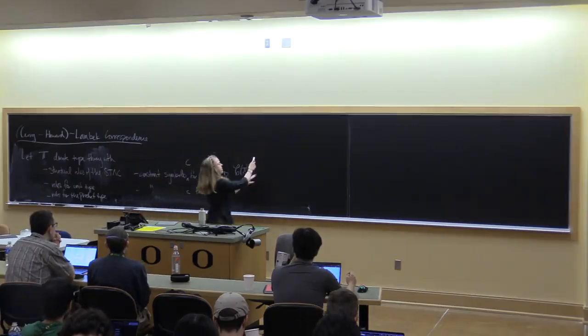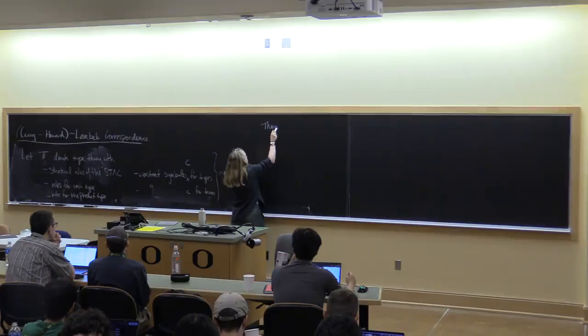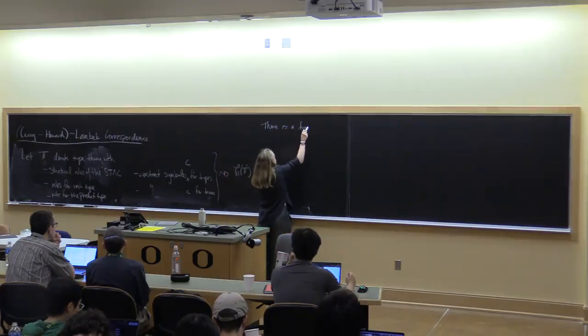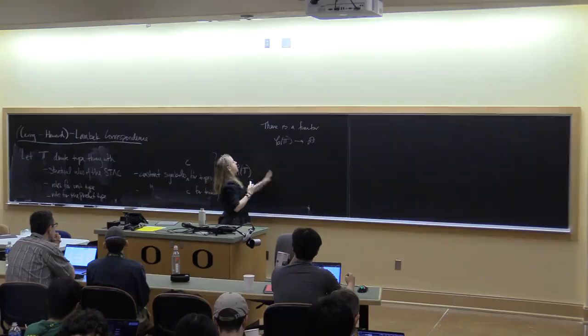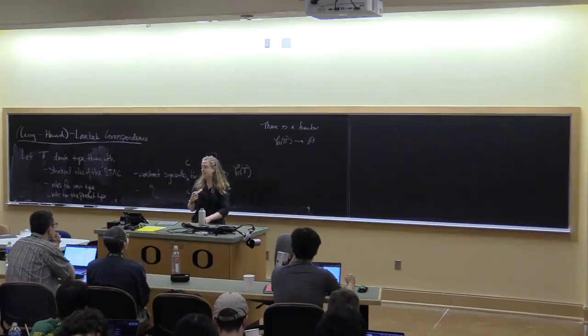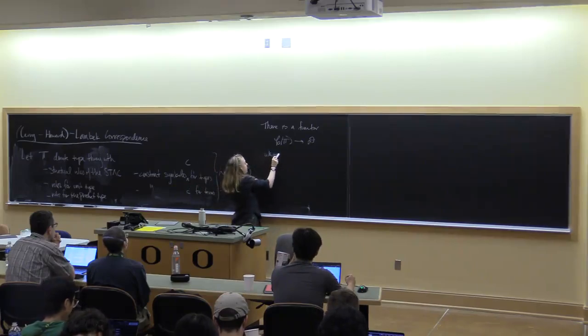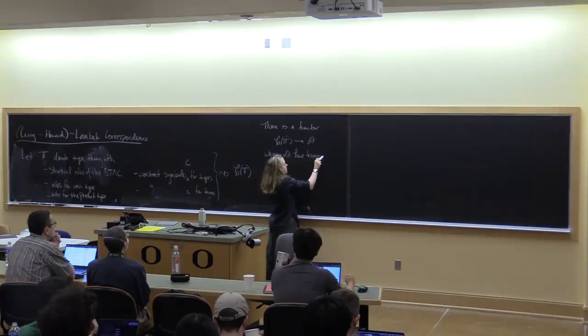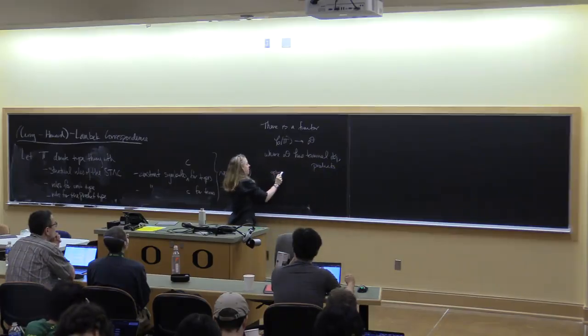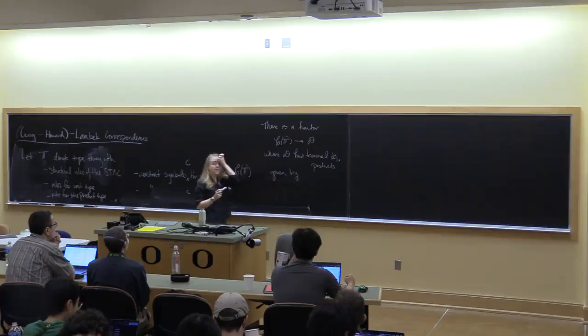And now I want to say that there is a functor from C of T to D, where D is any category with terminal object and products, given by the following.